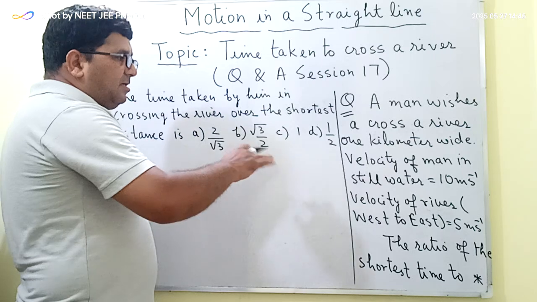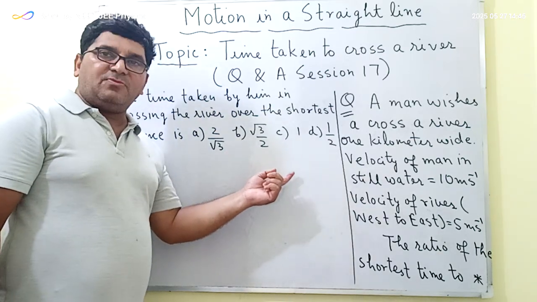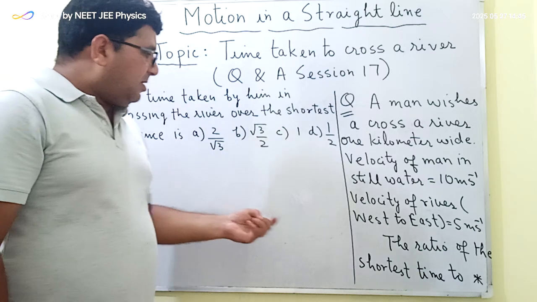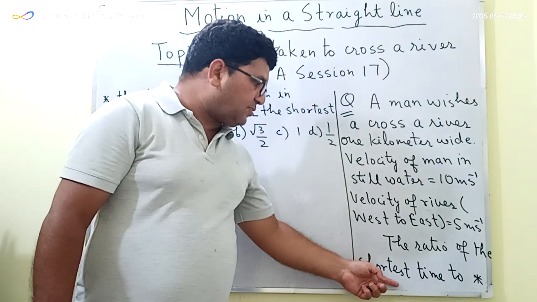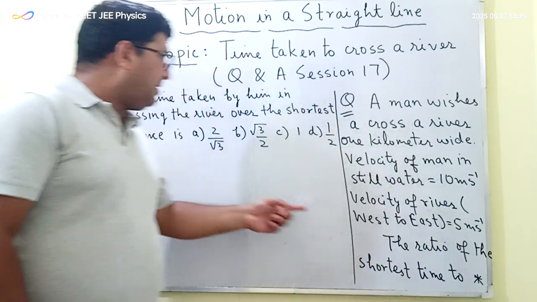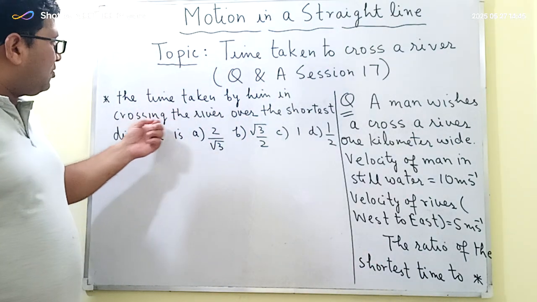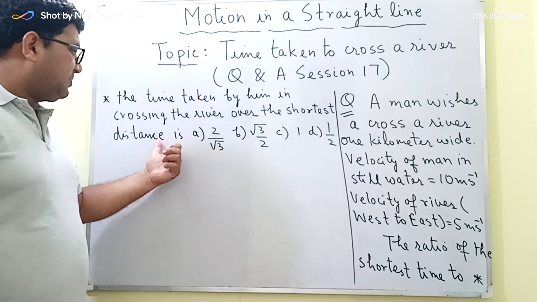Now this session is based on session number 12 and session number 14, in which we have derived the equation for the shortest time to cross the river by a man and the time taken by a man to cross a river over the shortest distance.